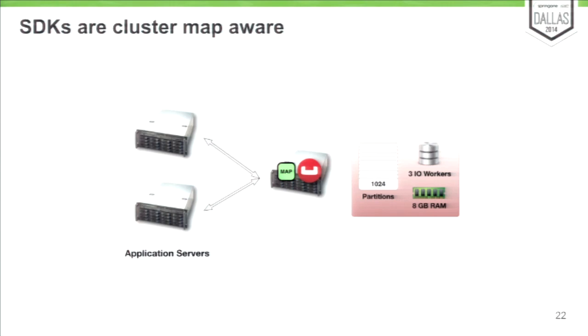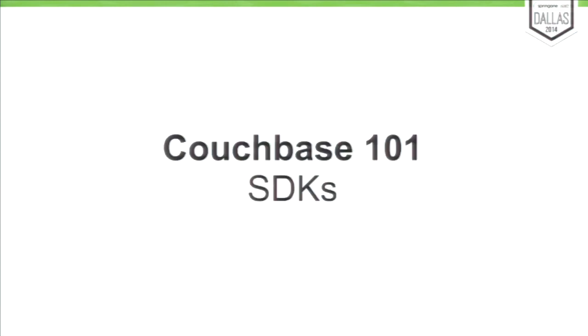If the client tries to access the old node for a document but it has been rebalanced away, the old node will return, well, I'm not responsible for this partition anymore, please go look over there, and we will transparently retry and you get the data from there. So we are trying very hard to keep your application running as long as possible.